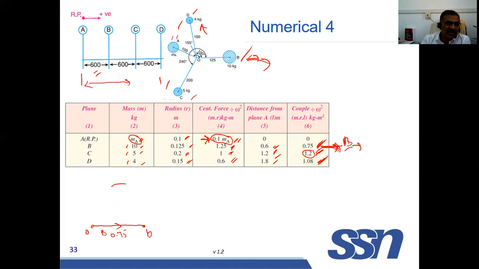Similarly, from this point, you take 1.98 and make an arc. Now you join these two. This is 1.2, this is 1.98. Now from this, you can understand the directions. Now we have found the direction of C and the direction of D.